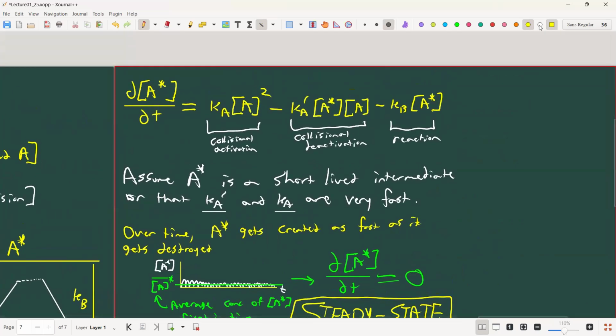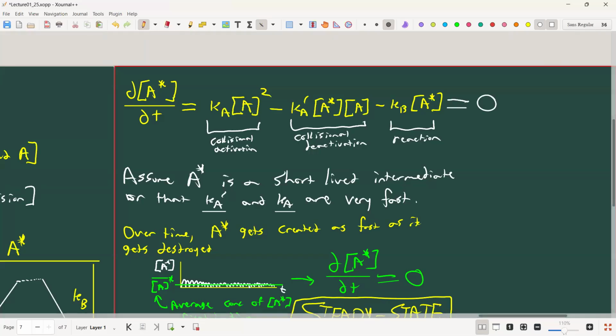All right, so then we go up to this total rate here. We can write this equal to 0. The total rate of A prime is 0. Really, really nice. So what can I do here? Well, now I have this expression that I can solve for the concentration of A prime. So now I can solve for the steady state concentration of my intermediate.